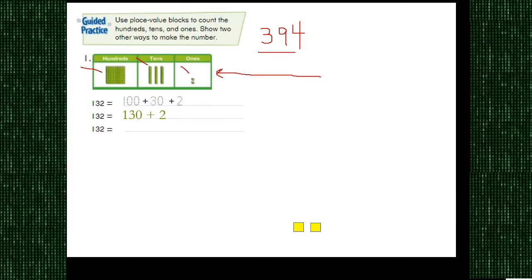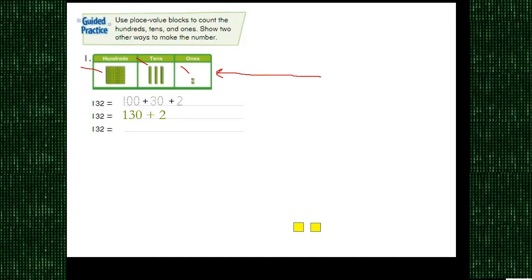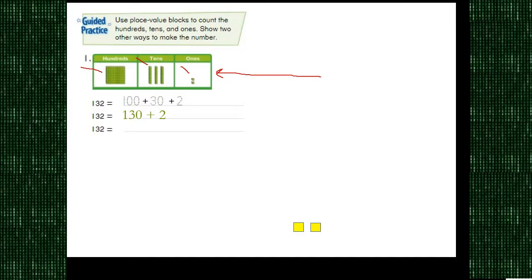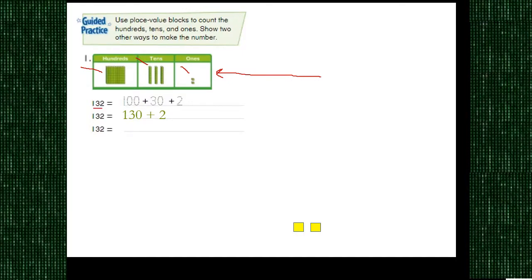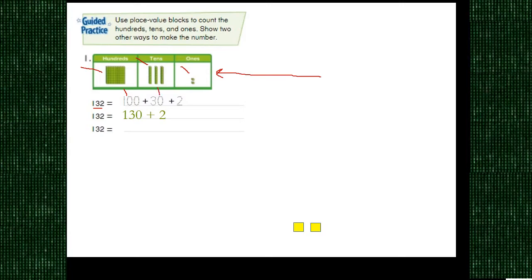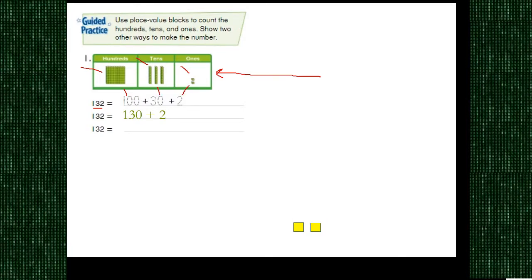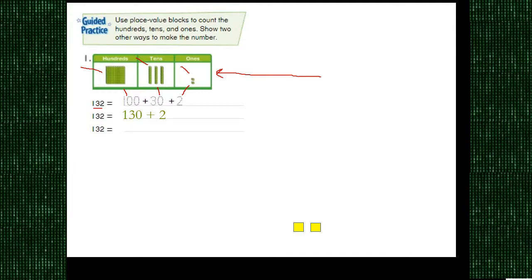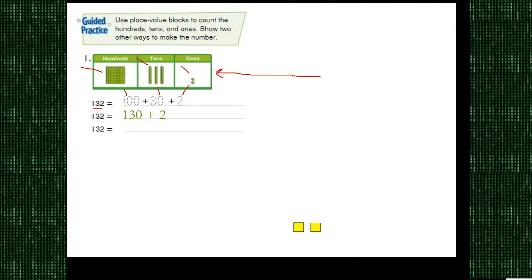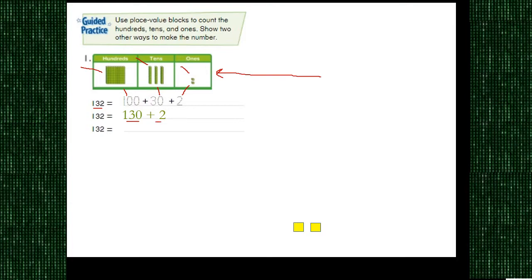Under that we see an equation. It says 132 equals 100 plus 30 plus 2. That's pretty easy because the numbers match the blocks. We can also do 130 plus 2.